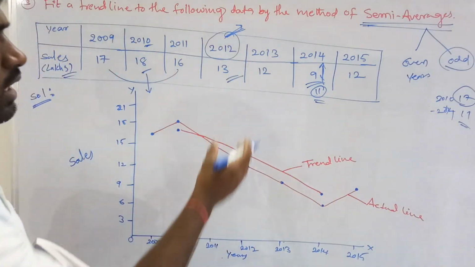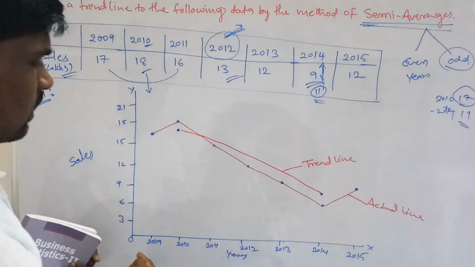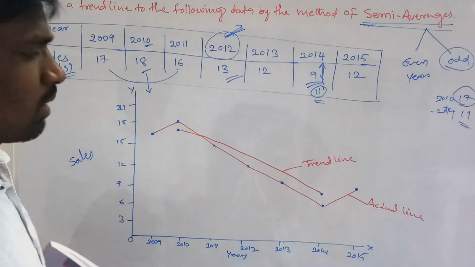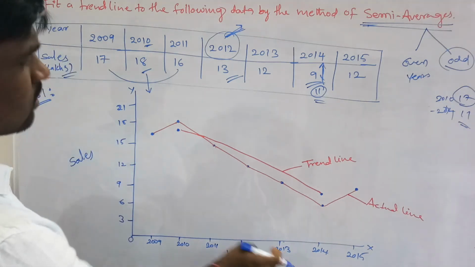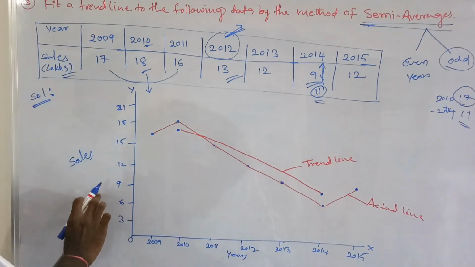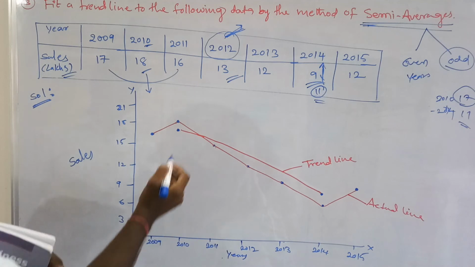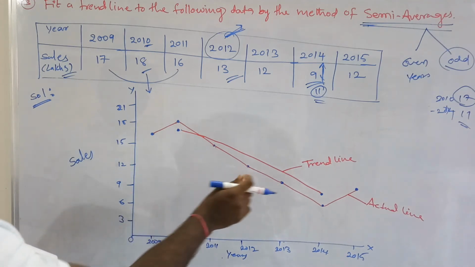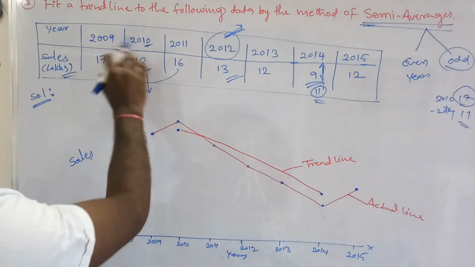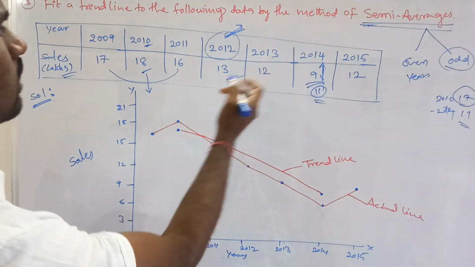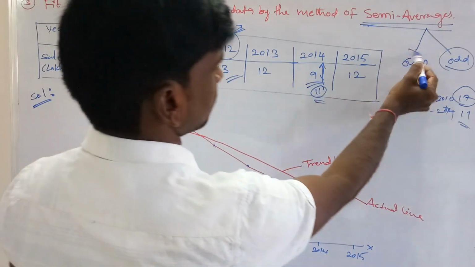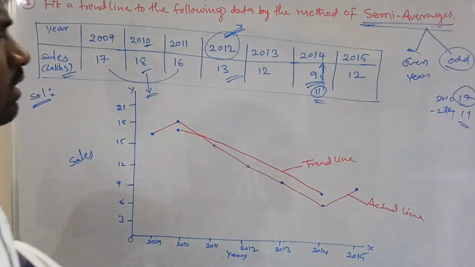So by using that data, we show the data on the graph paper, taking the years on the x-axis and sales on the y-axis. We draw the actual line using the respective years' data, and we show the trend line by taking the semi-averages of the particular years, right?